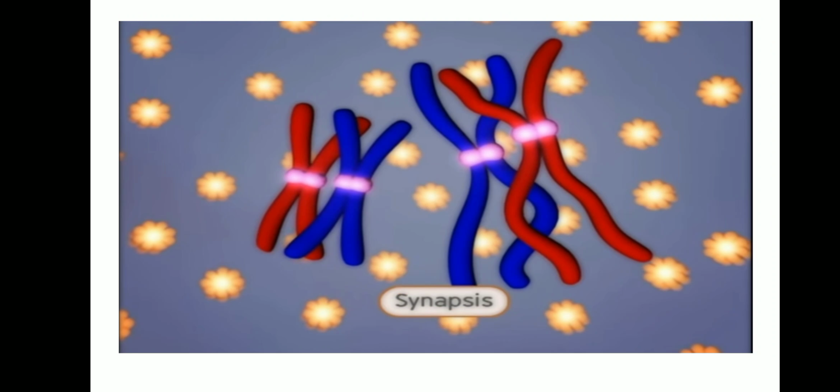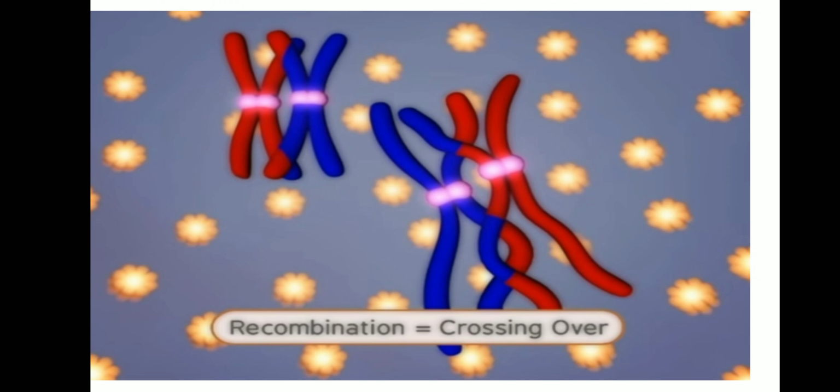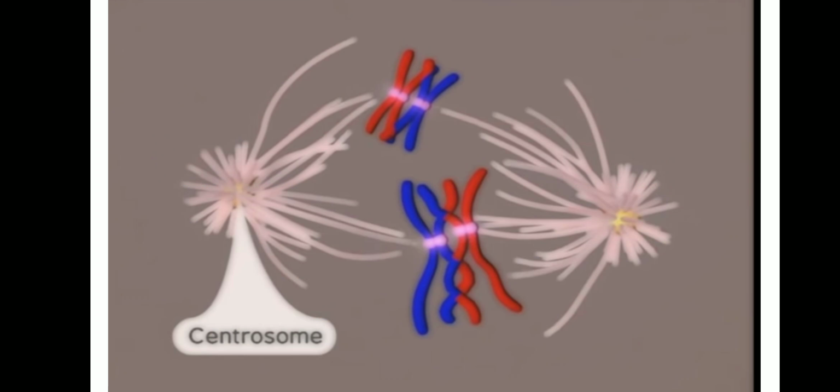This condensed chromosome tries to pair with each other and share the DNA material among themselves. Maternal as well as paternal chromosomes will be present and the DNA is shared among themselves, and this process we say is synapsis. And then the DNA material is getting paired or shared with each other, which we say is crossing over. And then it is getting ready to move away from each other.